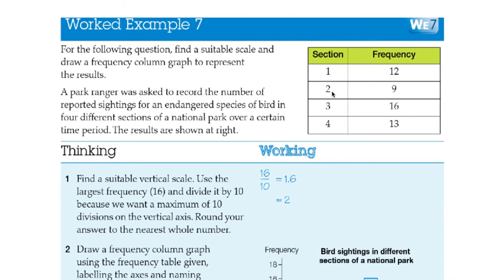Section 1, 12 sightings, Section 2, 9 sightings, Section 3, 16, and Section 4, 13. This is the frequency table, standard configuration, 2 columns. One column has the section, and the second column has the amount for each section, which is normally titled frequency.